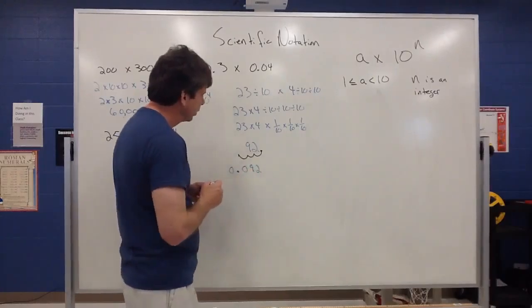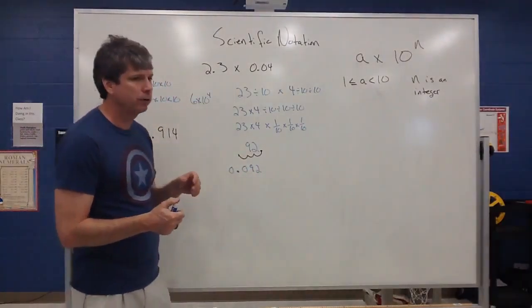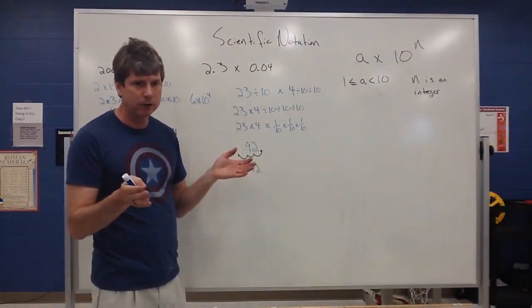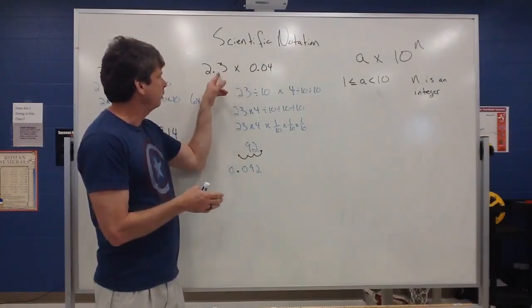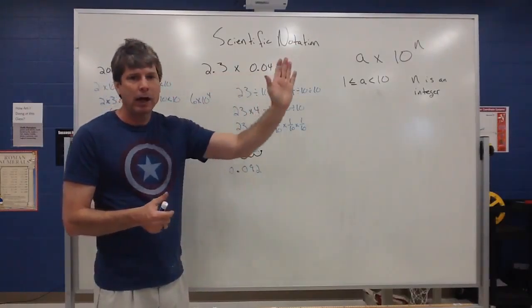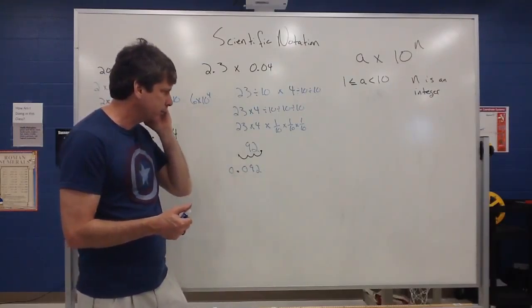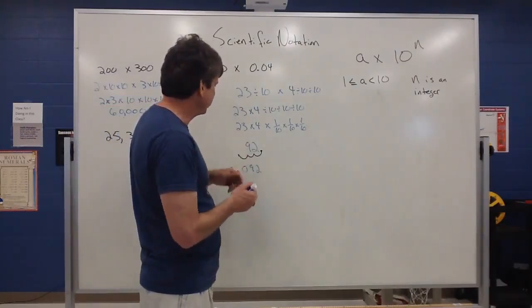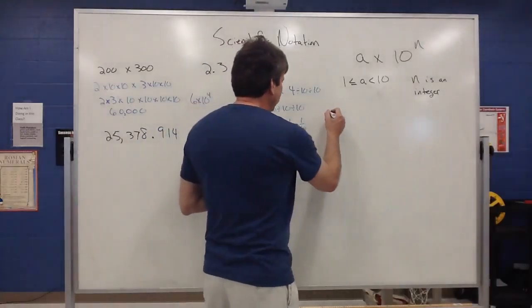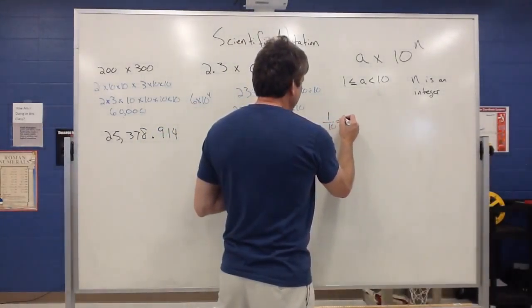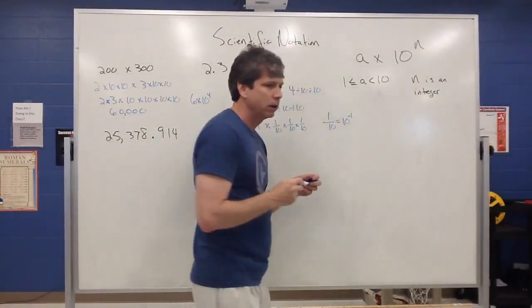So you end up with 0.092. I got to hold that place value. So we learned that with multiplying decimals, you ignored the decimal, did the whole number math, and then since we had 3 numbers behind the decimal, I had to slide that decimal over 3 spots, and that gave me this 0.092. But also pick up on that 1/10 is the same thing as 10 to the negative 1.